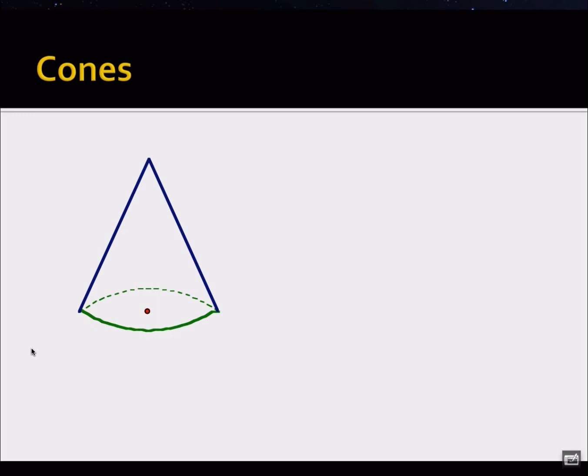Is that bottom curved? Curved this way? What do you got going on there? Okay. That's not the whole thing though.